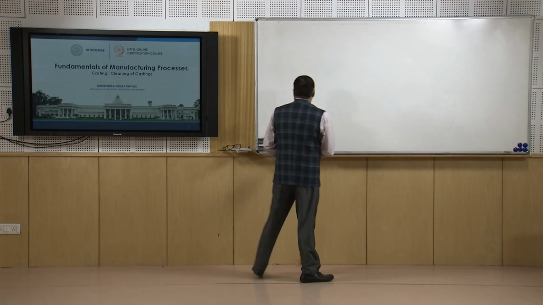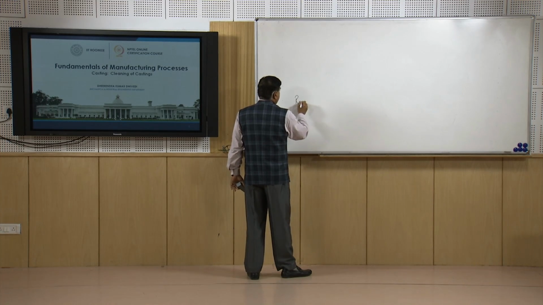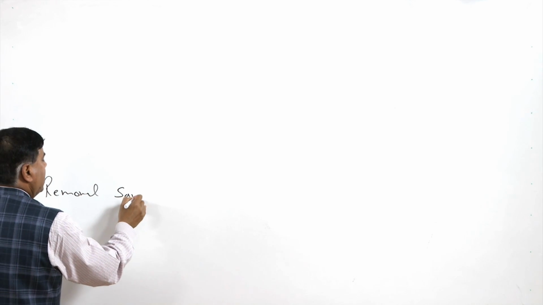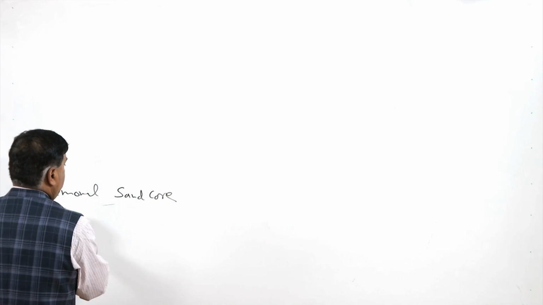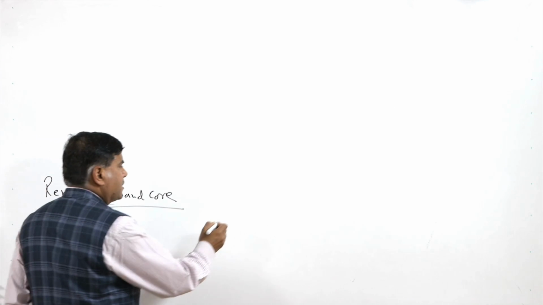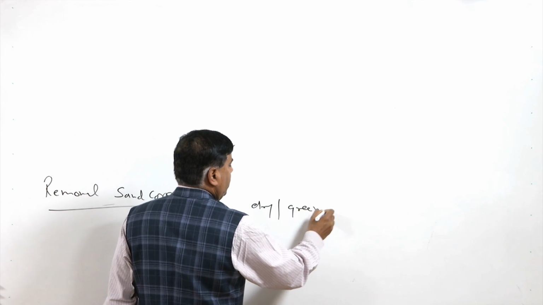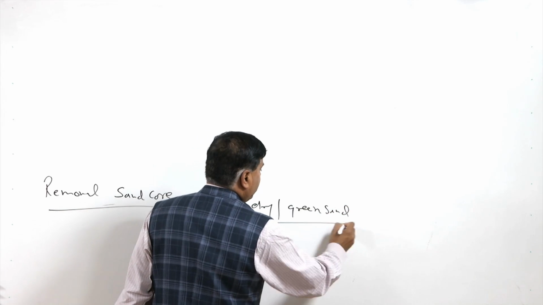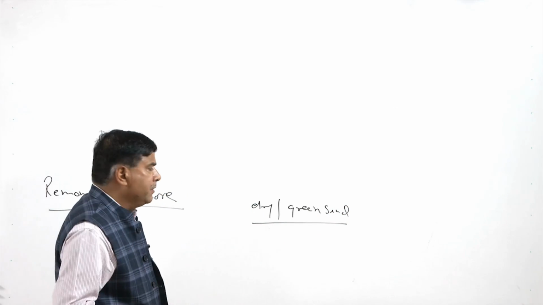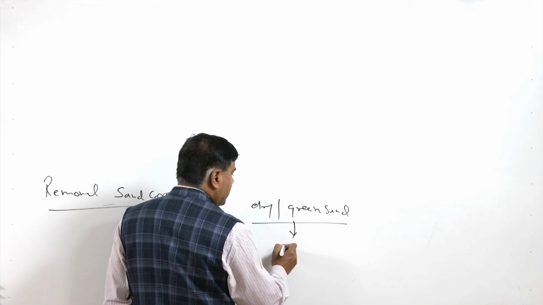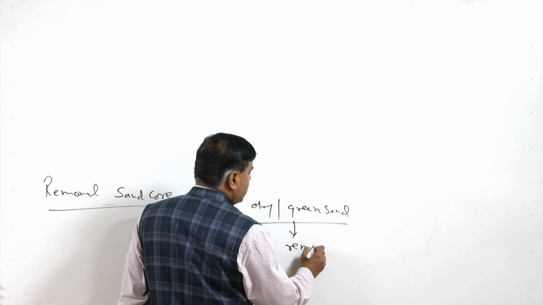So, removal of the sand core. We know that whether it is the dry core or the green sand core, when it comes in contact with the molten metal during the casting, all the moisture, if it is there, is removed.